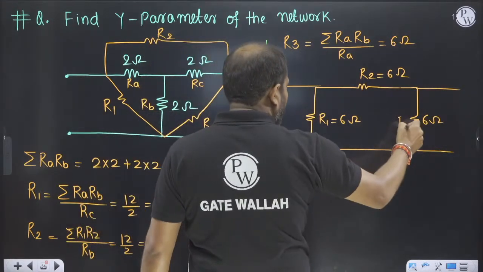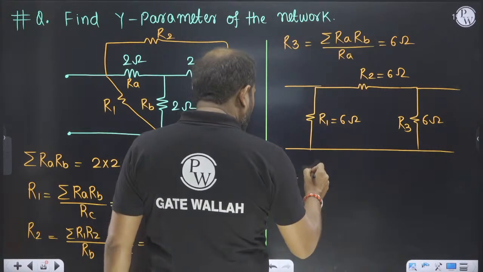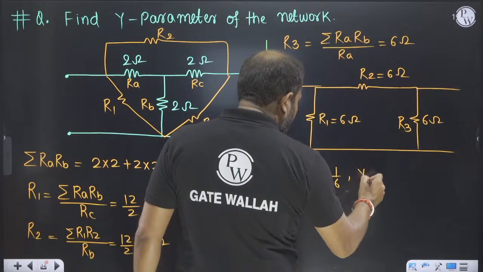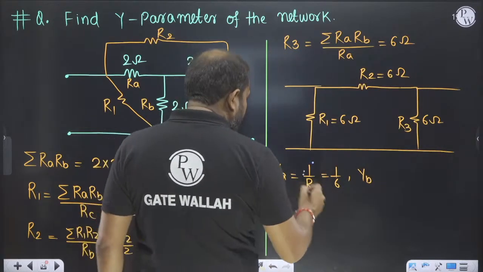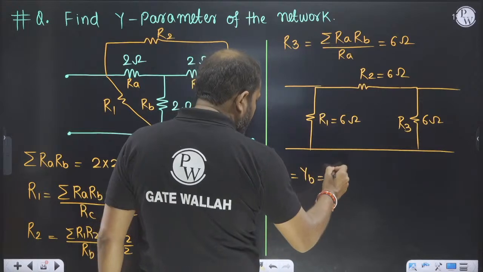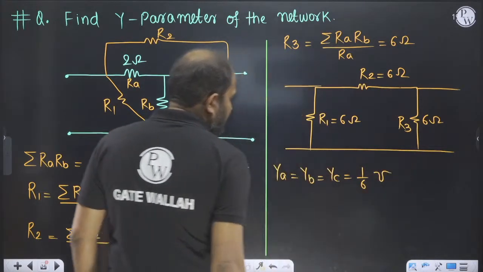Then we have YA. YA is equal to 1 by R1, 1 by 6. So YA, YB, YC are equal to 1 by 6 per ohm.